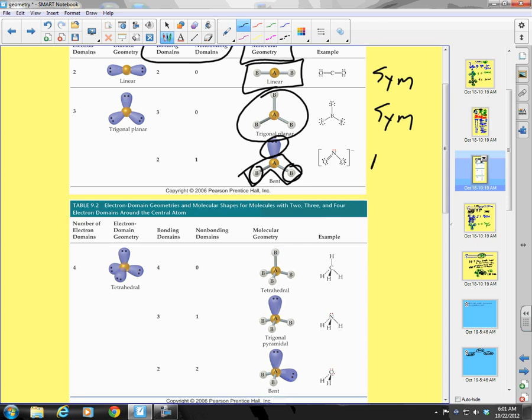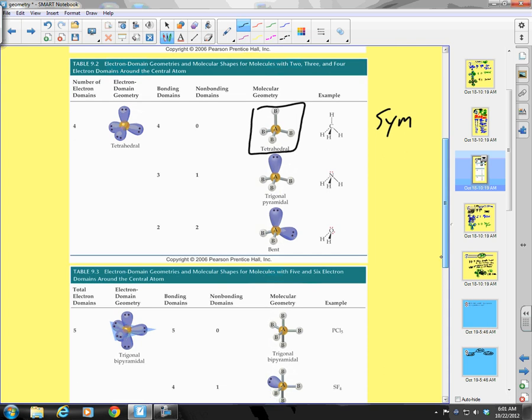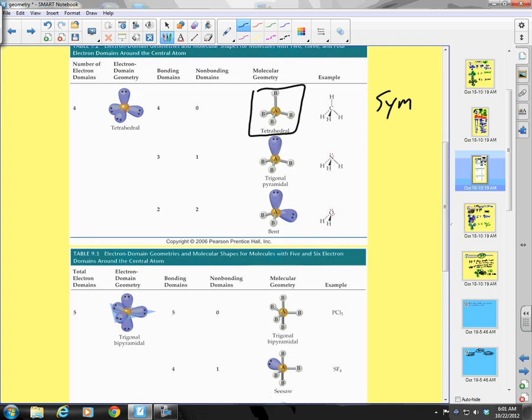The answer is no. It is asymmetric. Tetrahedral is symmetric. Trigonal pyramidal. Notice that in one direction I have this unshared pair, then I have 3 atoms all kind of below the main atom A. This would be asymmetric. Bent again, asymmetric.